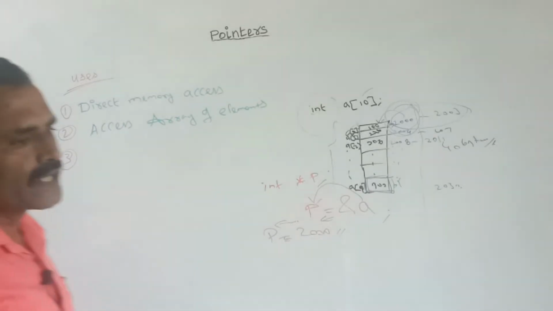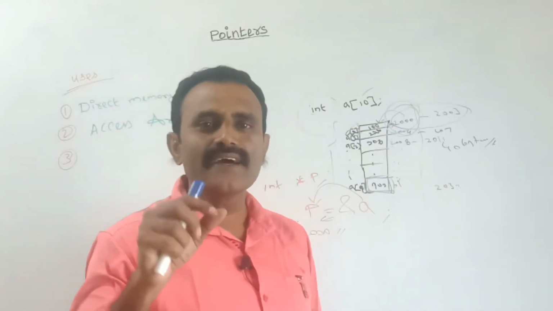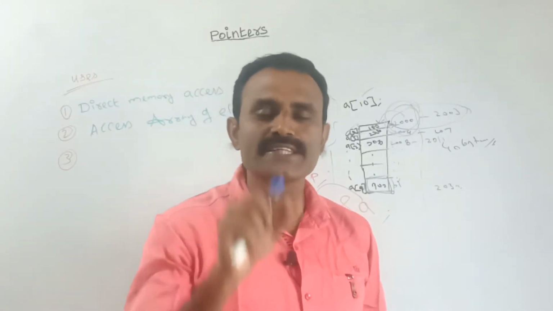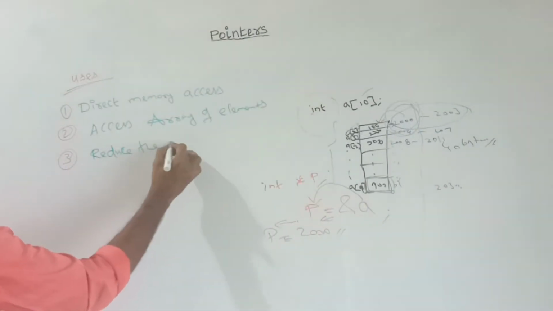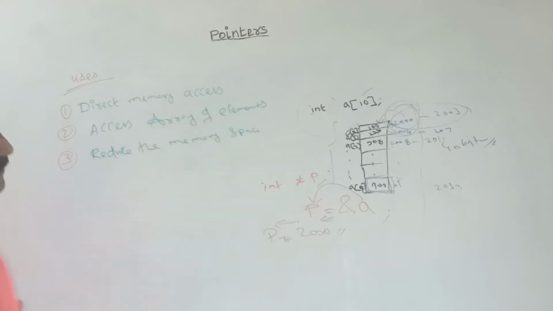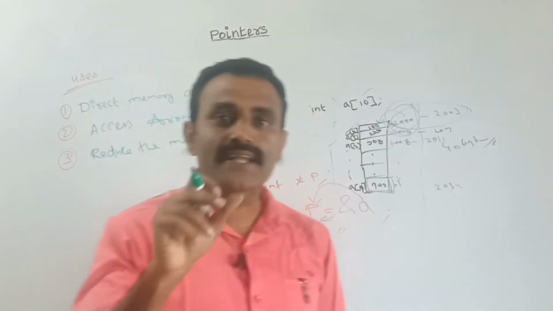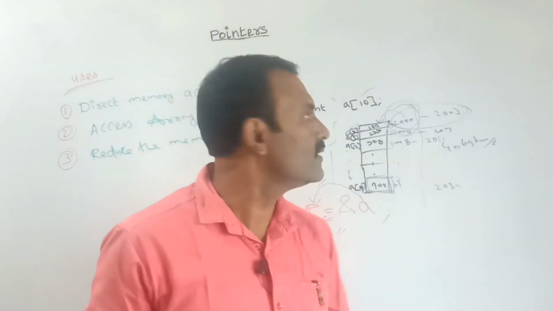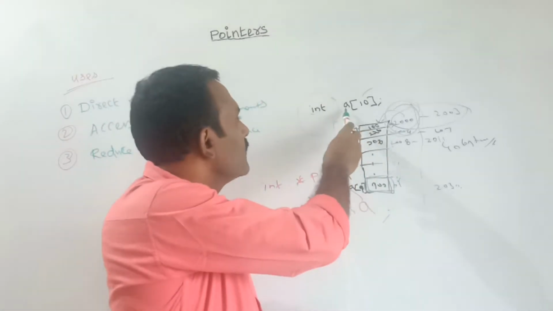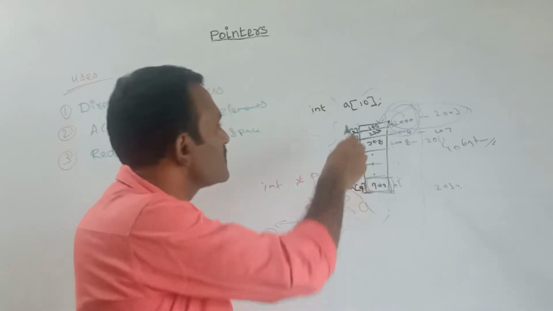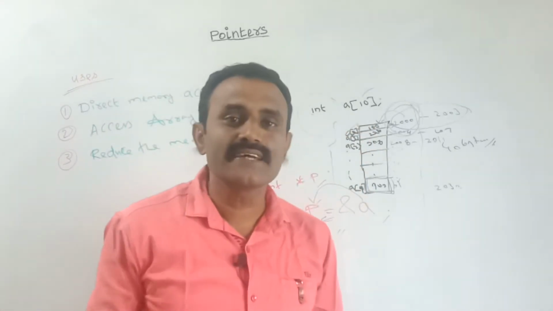Third use, with the help of the pointer variable we can reduce the memory space. See, when we are declaring a variable, let us take the same example here. A of 10. What is the subscript value? What is the array size? 10.